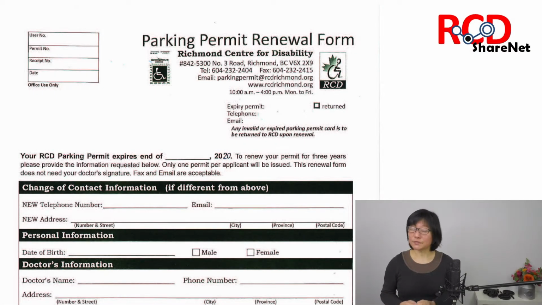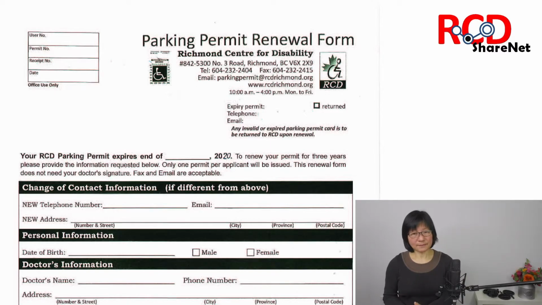A lot of information we already have in our database, so you don't need to fill that out, and you don't need to have the certification of the doctor again. Using the renewal form, if there are any changes, say with the address or a change of doctor or any other thing, you just put the new information in, and then we will renew it.